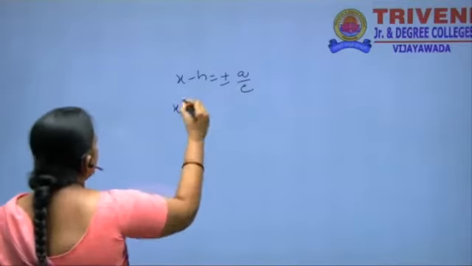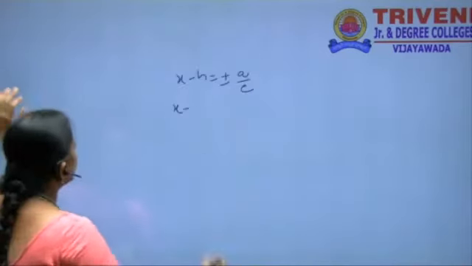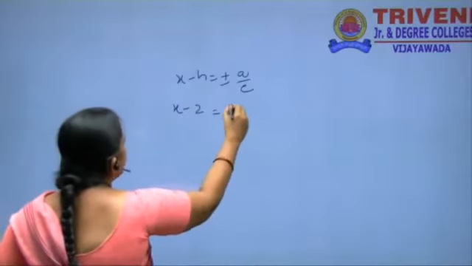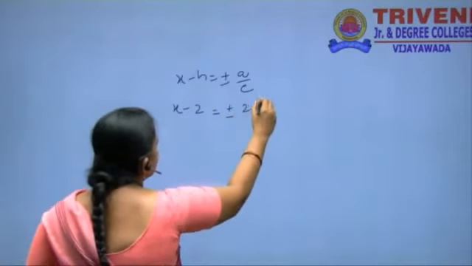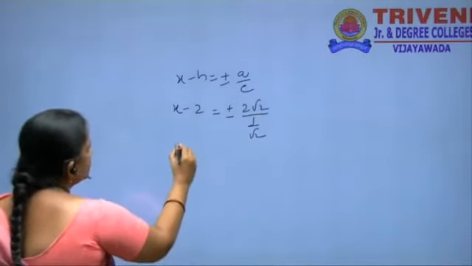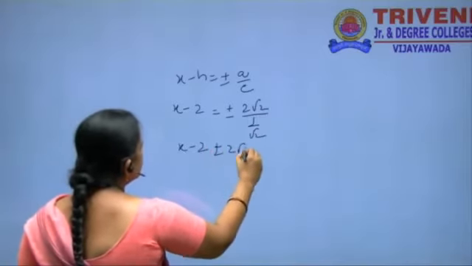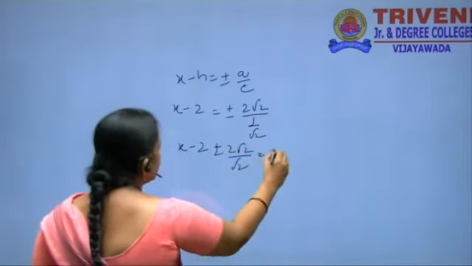Already we know the value of h is 2. Substitute the value of h here, and a is 2 root 2 and eccentricity is 1 by root 2. That is x minus 2 plus or minus 2 root 2 by root 2 is equal to 0.